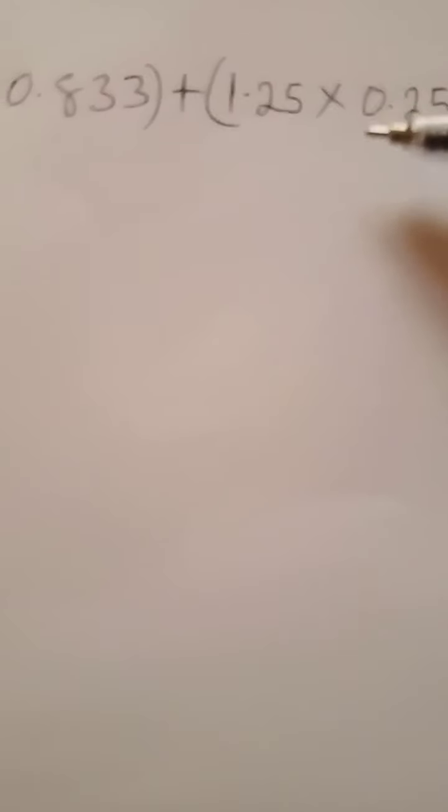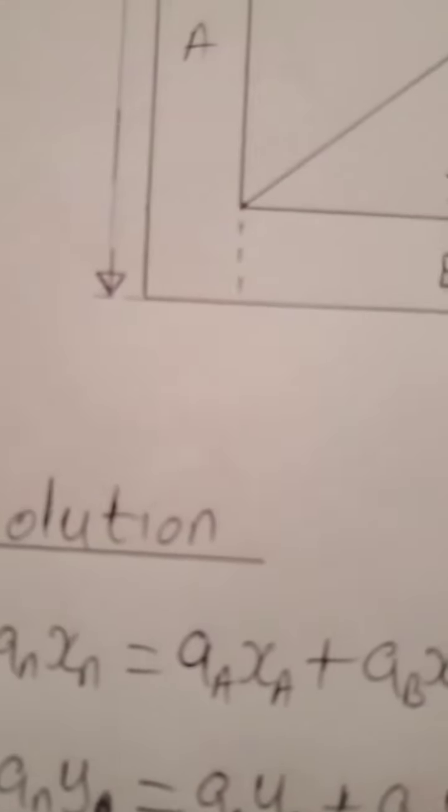Then for the last part, which is the last shape E, the center of this shape in the y-axis is 0.25 to this axis. Here to here is going to be 0.25, which is why we use 0.25 here.